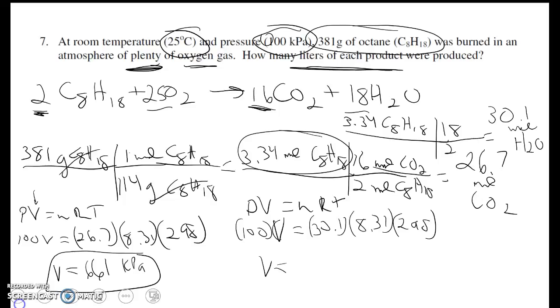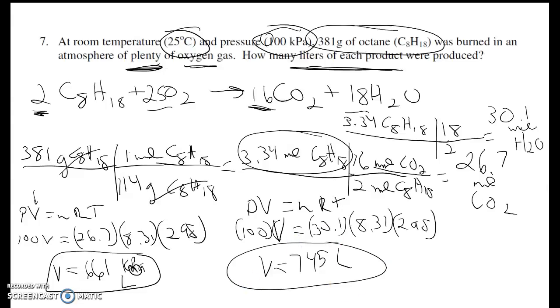And our volume of water should be 30.1 times 8.31 multiplied by 298 divided by 100. And I get 745 liters. I'm sorry, this kPa should be liters. Hopefully you caught that. And then we show that many liters of H2O and this many liters of carbon dioxide.